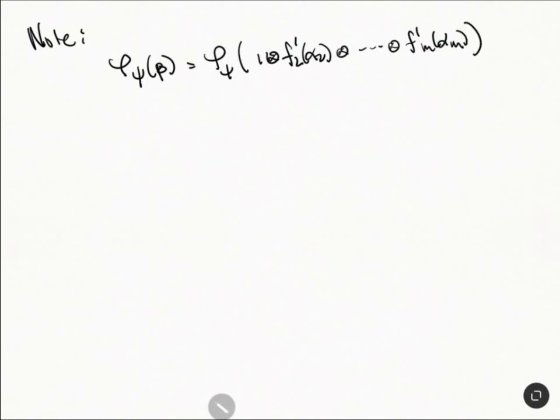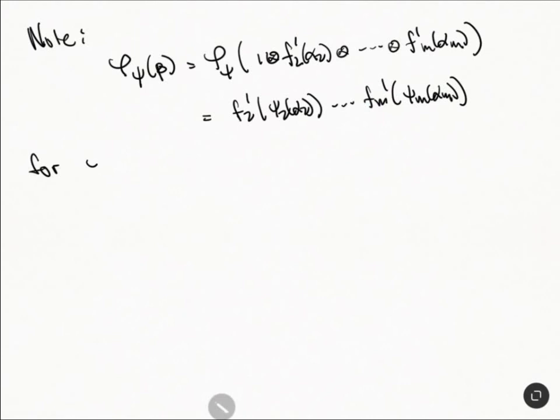We have all these alphas, and we take this thing and just apply the homomorphism property. So this is going to be f_2 prime psi_2 alpha_2, and then f_m prime psi_m alpha_m, for psi equal to psi_1 up to psi_m in this collection of embeddings.